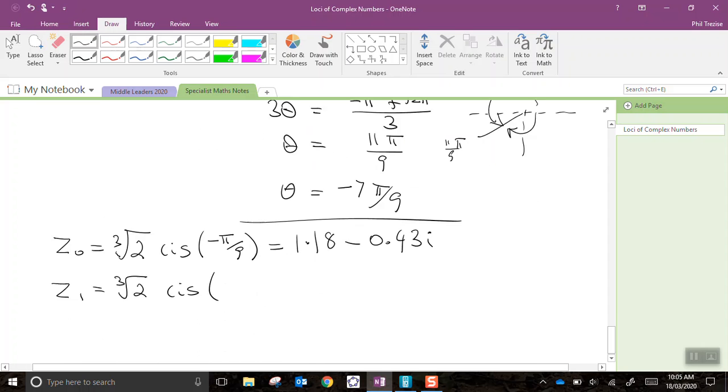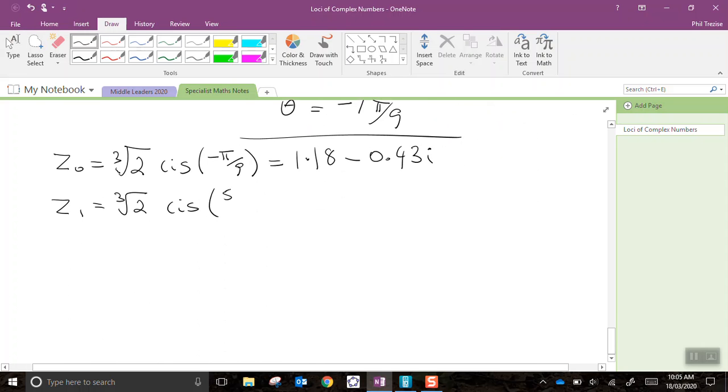Our next one was 5 pi over 9. And our last one was negative 7 pi over 9. And once again, if you do these conversions, I did them before I started, so I won't show the calculator.